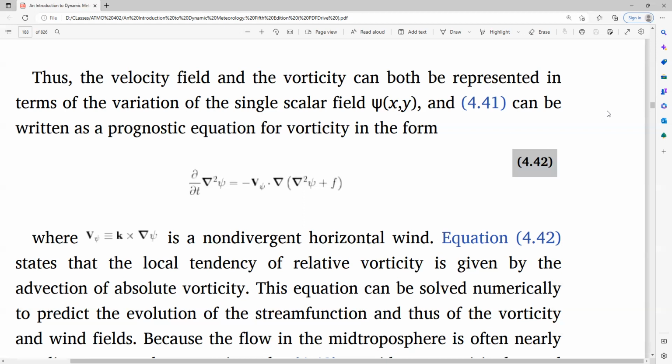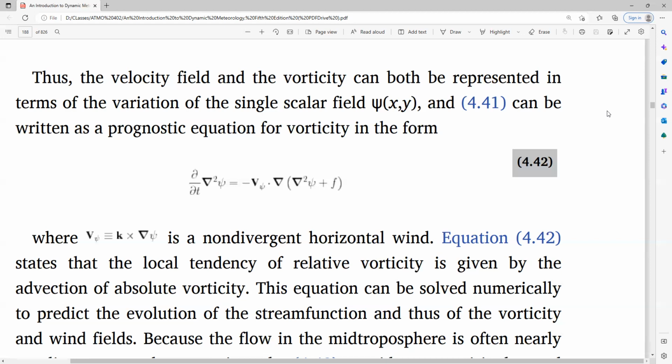Once forced out of balance, the atmosphere will change to reach equilibrium. We call this geostrophic adjustment. Okay. Geostrophic flow is equilibrium.